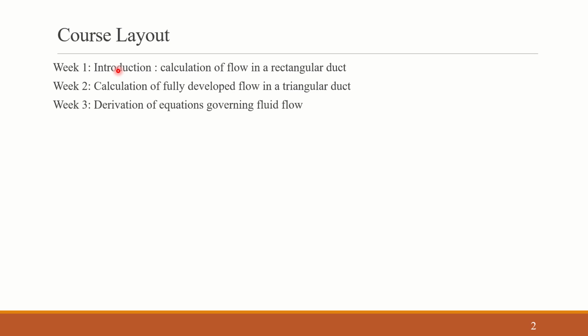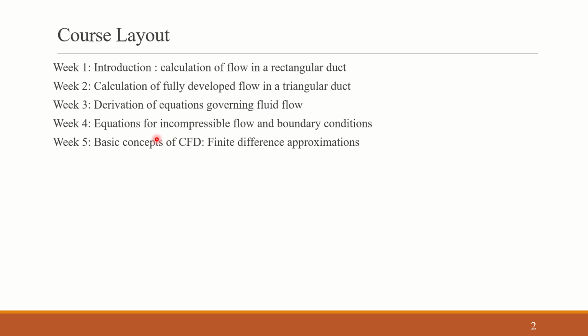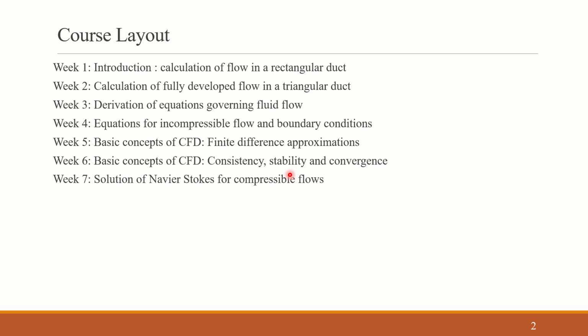Later we'll be seeing the derivation of equations governing fluid flow, mainly incompressible flow equations and the boundary conditions that we normally associate with them. Then it is about basic concepts of CFD through finite difference approximations, and concepts like consistency, stability, convergence, and solution of Navier-Stokes equations for compressible flows, and incompressible flow solutions using Navier-Stokes equations.